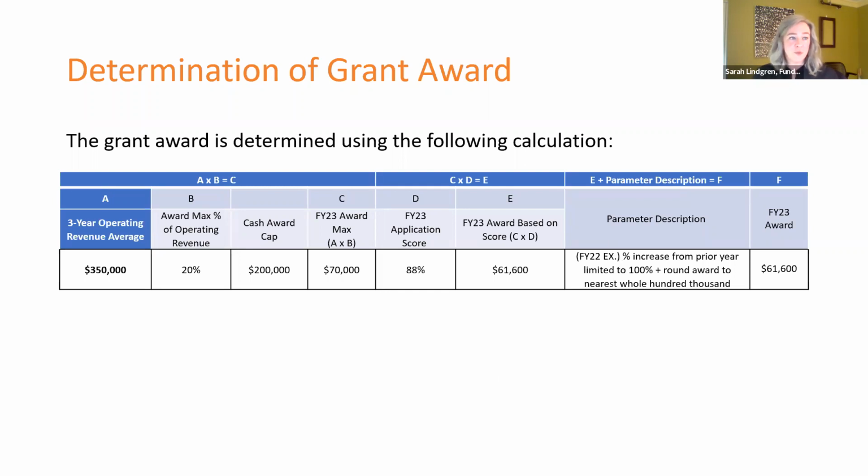So you could increase from the prior year unless that was over 100%. Plus they rounded the award to the nearest 100,000. So in this example, that number did not change. But your number could change depending on the funding pool available and the parameters that the committee applies in that year.